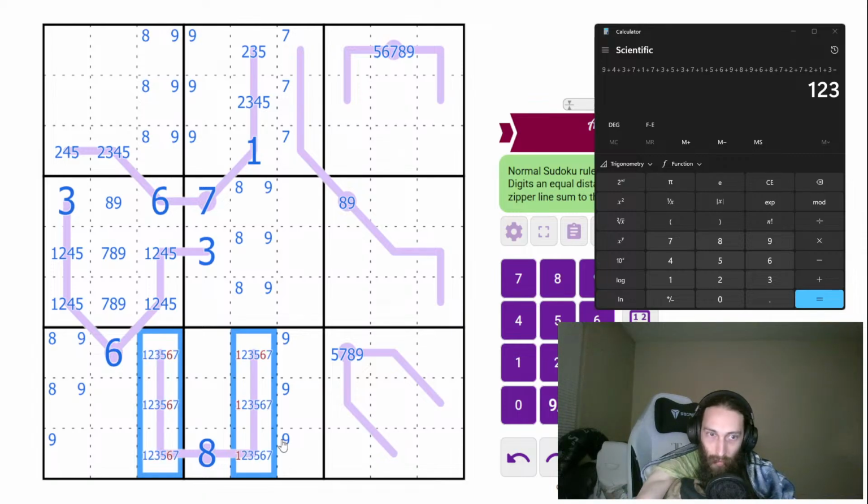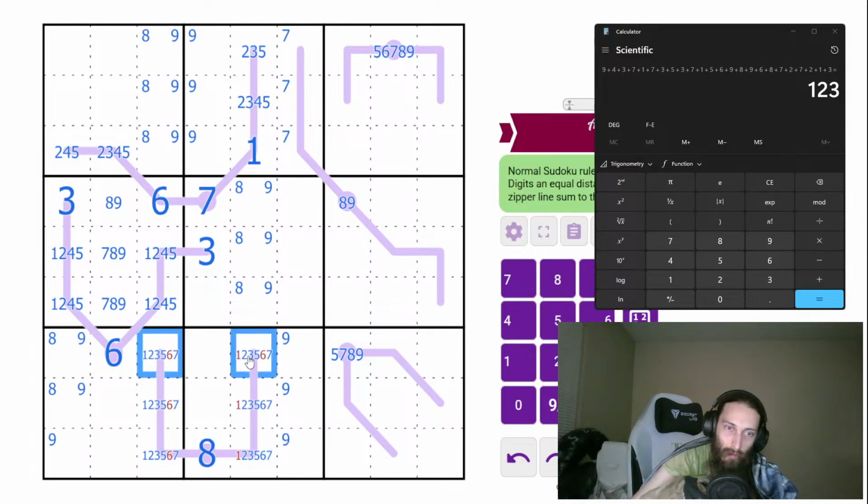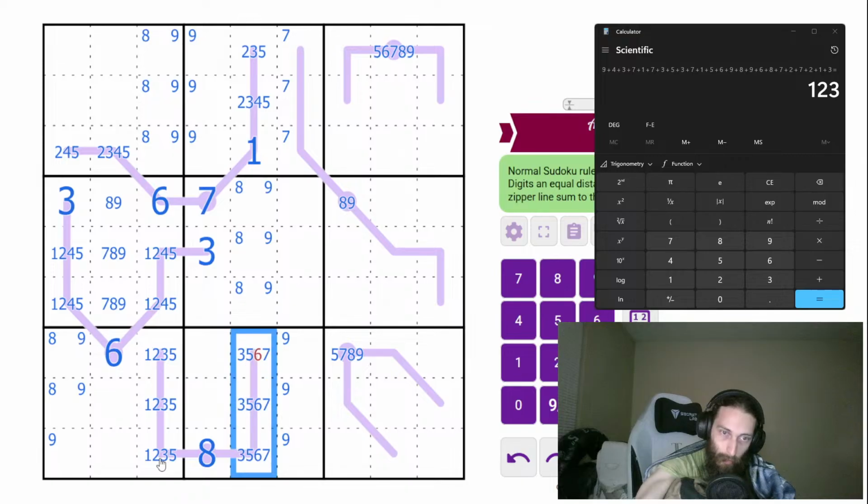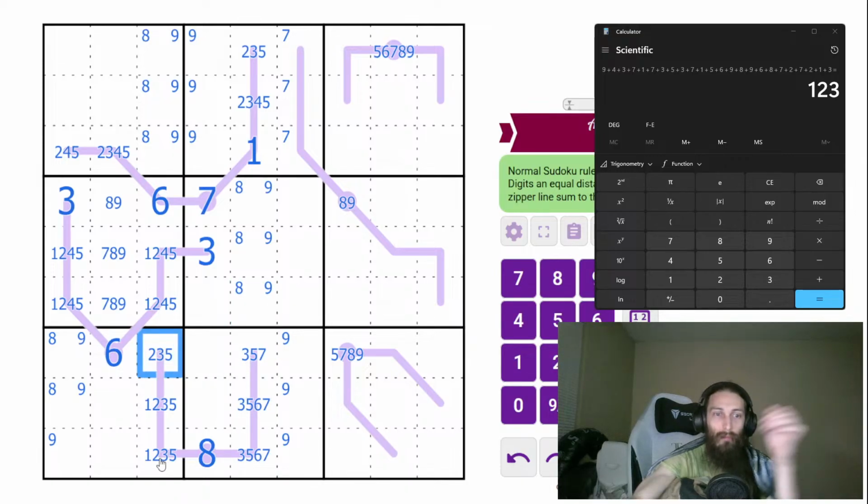1, 2, 3, 5, 6, 7. Because these two pair together, those two pair together, those two pair together, none of them can be 4s. So 1's pairs with 6, 1's in column 5 pairs with the 7's in column 3, 6's in column 3 pair with the 2's in column 5, the 6 and the 1.